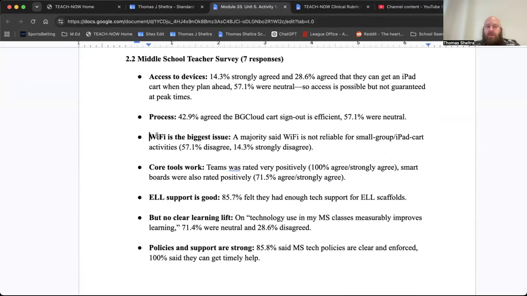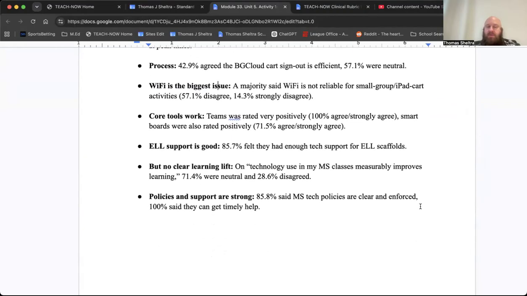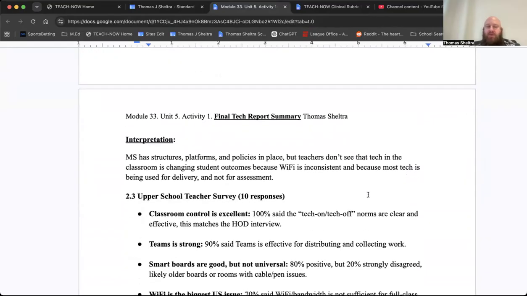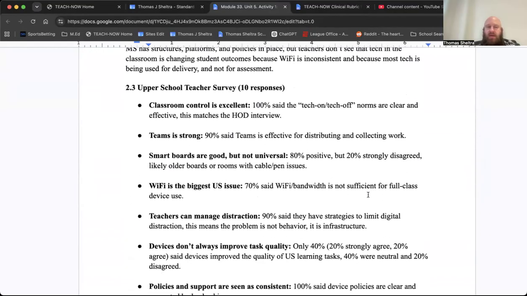For instance, Wi-Fi infrastructure is a big issue, and again, that takes time and money, along with the various tools that we use in the classroom that can be consolidated.